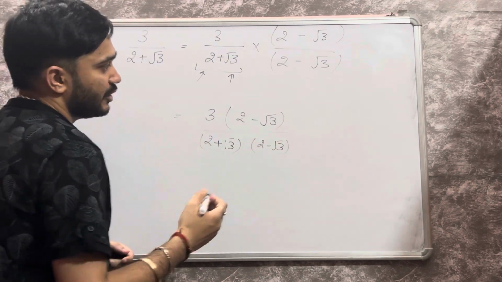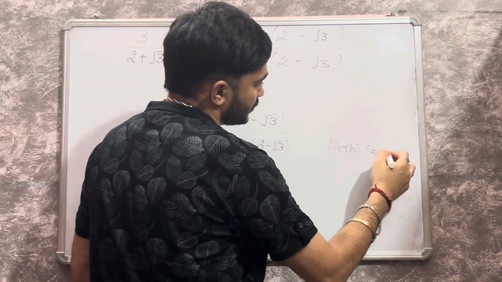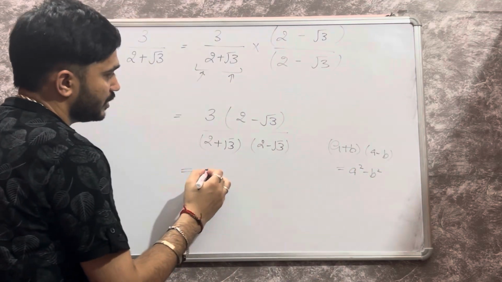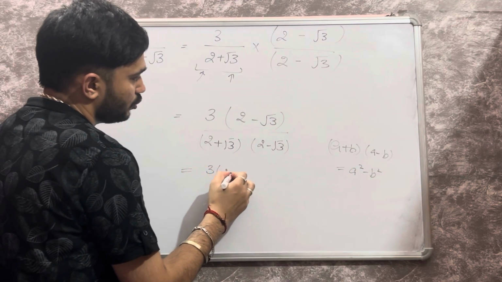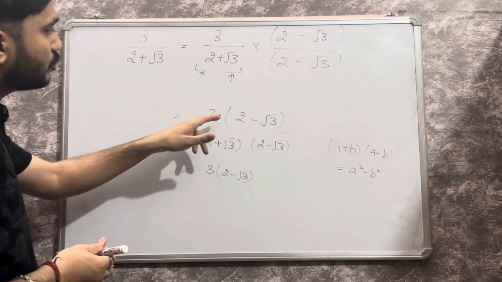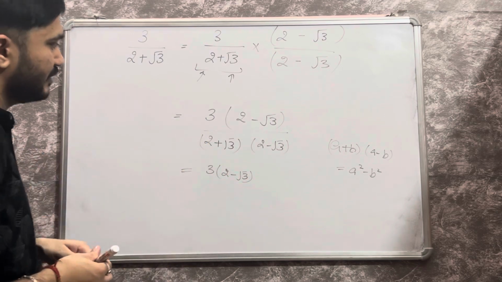In the denominator, we are going to use a property, that is a plus b into a minus b is equal to a square minus b square. So our answer will be 3 into 2 minus under root 3. We don't have to solve the numerator because it is given in quite a simple way.